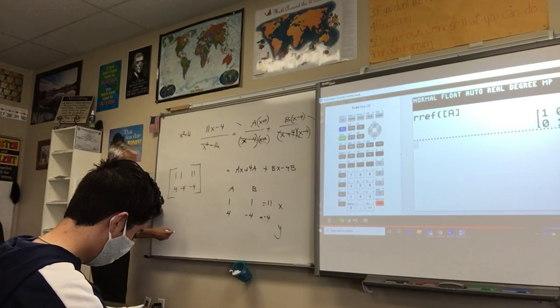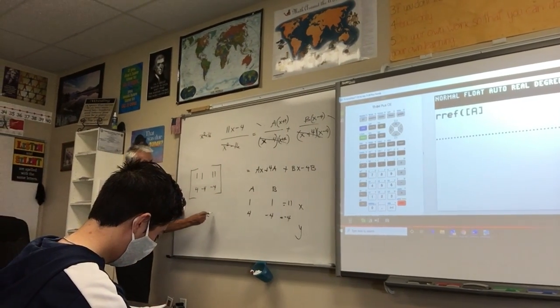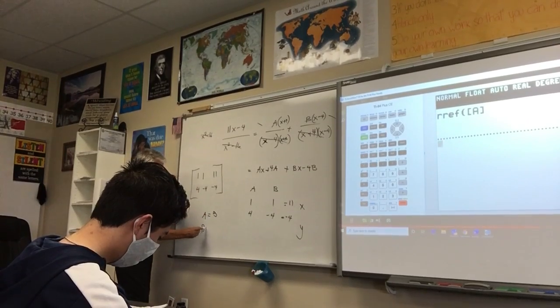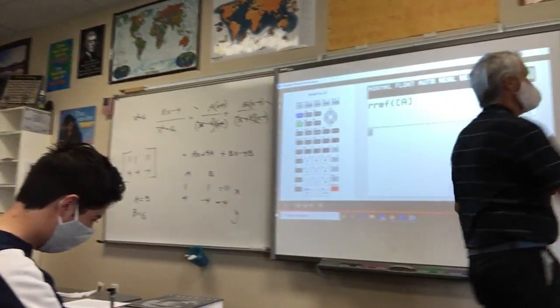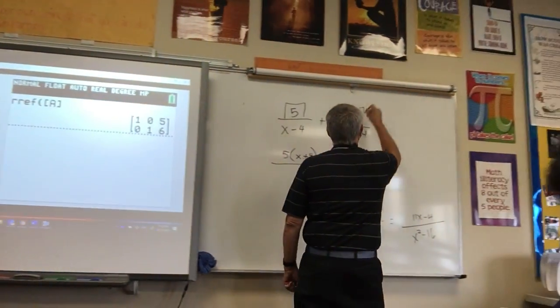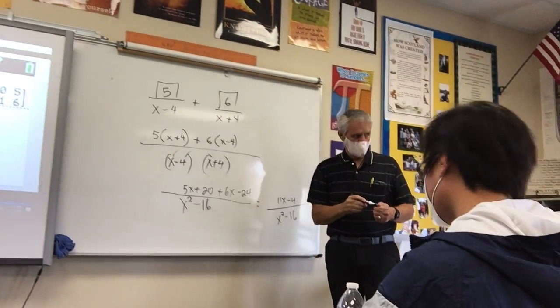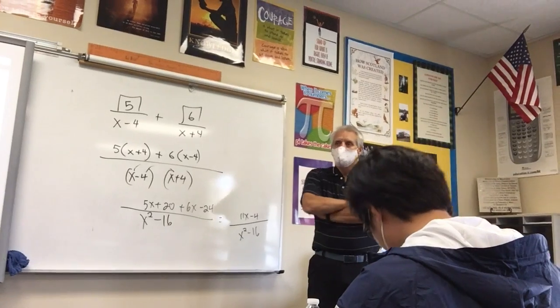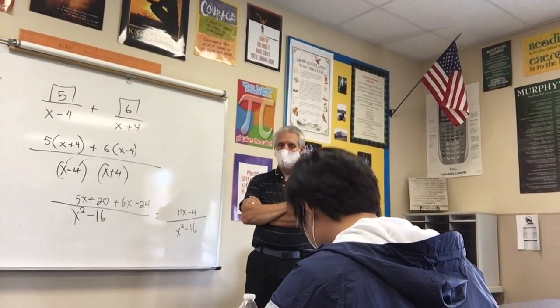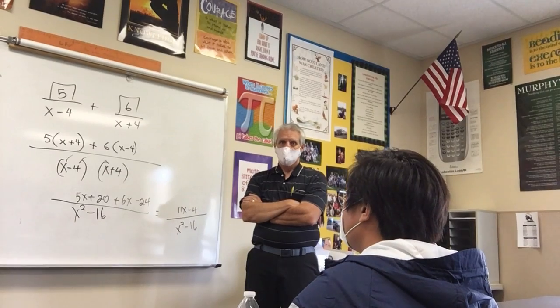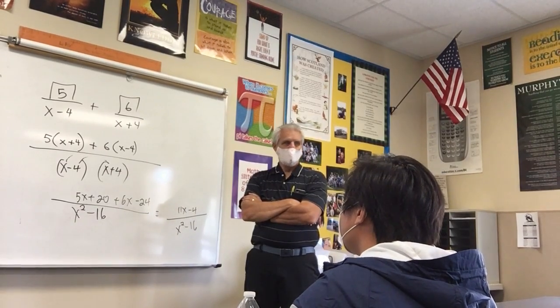In other words, a equals 5, b equals 6, voila! Look what I had. It was the original equation that I added up. Does that make sense? That's what we call partial fractions.